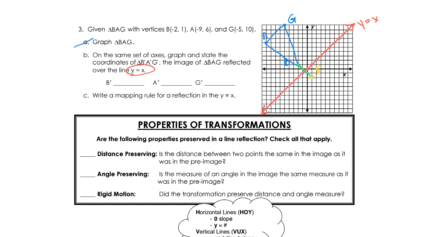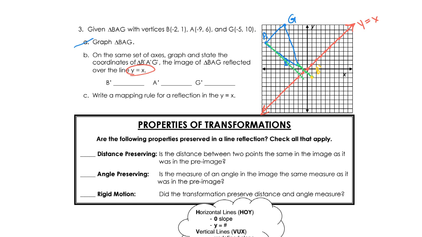Okay. All right. Let's see if A is any easier. All right. So A, I'm going to count diagonal blocks. 1, 2, 3, 4, 5, 6, 7.5. So 7.5 to the line. I have to go 7.5 over the line.